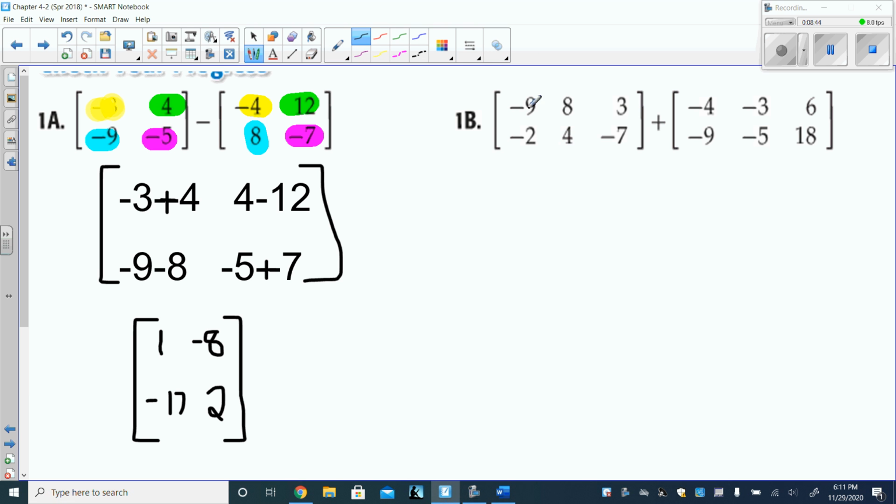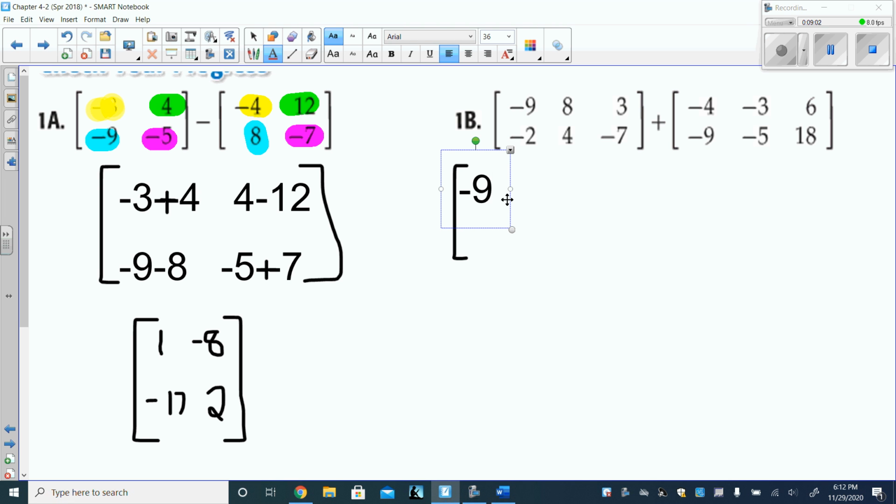Now let's look at this next one here. So we have a 2 by 3 and a 2 by 3. And because the dimensions are the exact same, we can combine like terms. So when we're combining our like terms, we'd have negative 9 plus negative 4 in our first one.